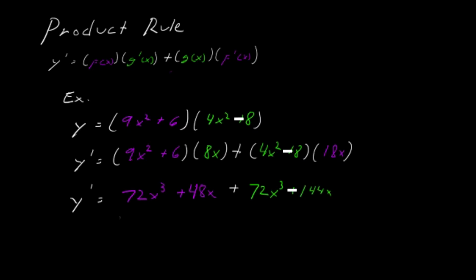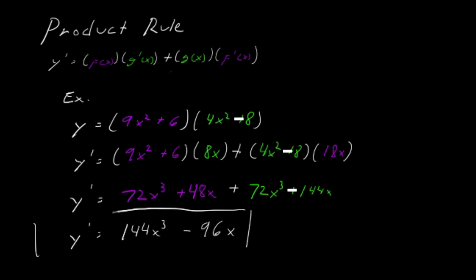Then, the final answer would be 72x cubed plus 72x cubed would be 144x cubed. Then, 48x minus 144x would be negative 96x. Therefore, the derivative of the given function would be y prime is equal to 144x cubed minus 96x.